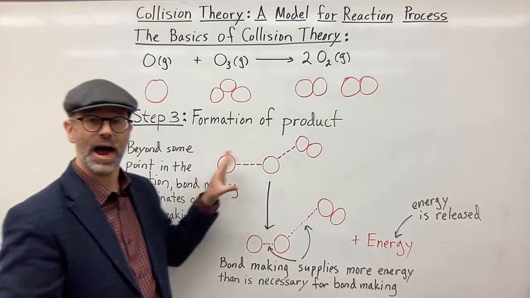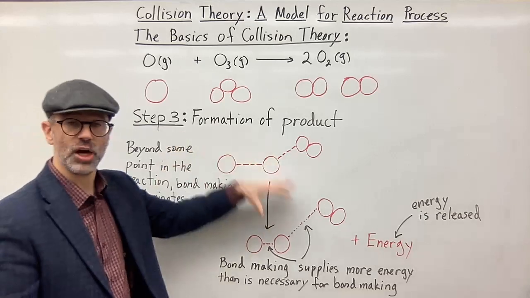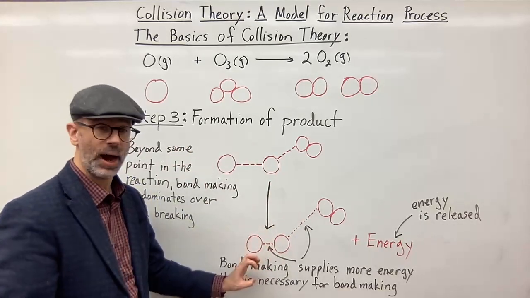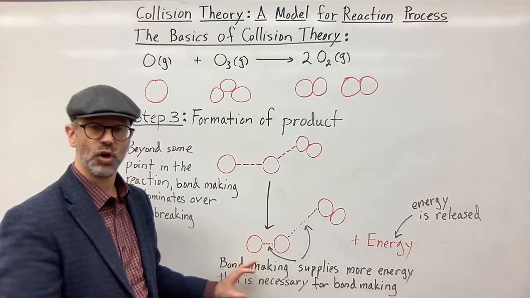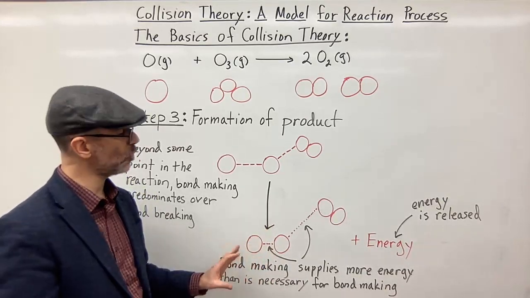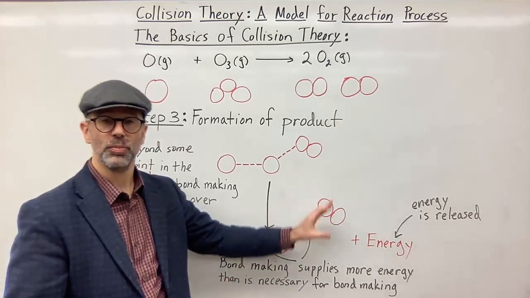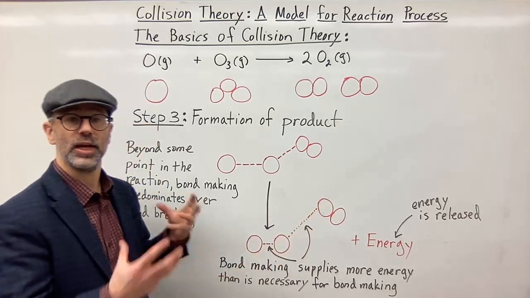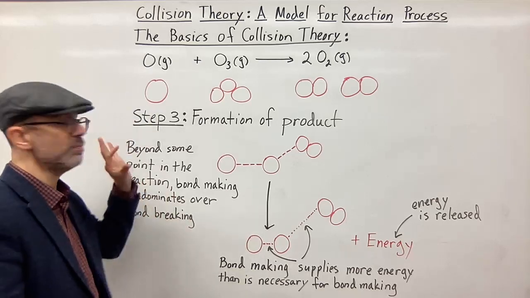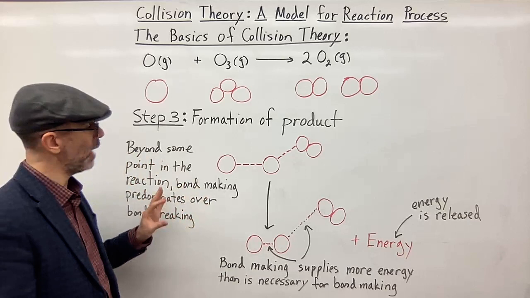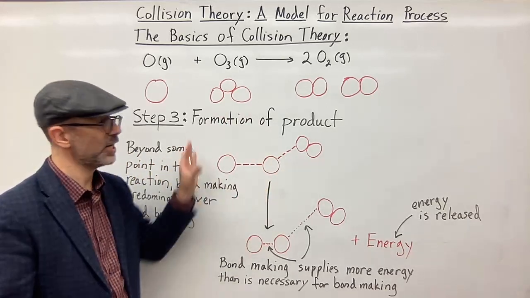And then after that, you start to go downhill, and you finally form the bond that takes over. So bond making predominates over bond breaking. You form new bonds, you break old bonds, and then you get your products. So, however, we need to talk a little bit more about how we got to this part here.